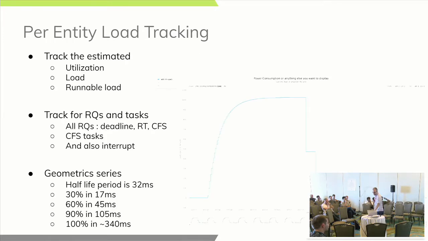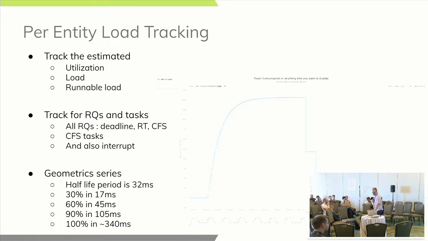PELT, per-entity load tracking, I also mentioned that. Can come back on that a bit. The goal is to track the activity of a task. And so we are tracking activity of each CFS task and each CFS run queue, which means that even if you have cgroups and several levels of CFS run queue, you will track everything.